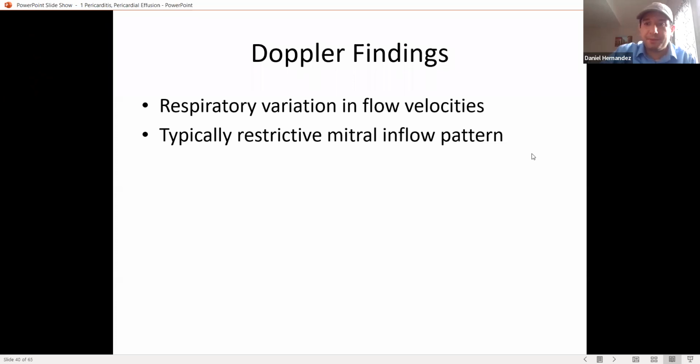We had the patient do Valsalva to try to unmask pseudo-normalization, that stage 2 diastolic dysfunction. But we didn't have these respiratory variations during inspiration and expiration that we see with constrictive pericarditis.